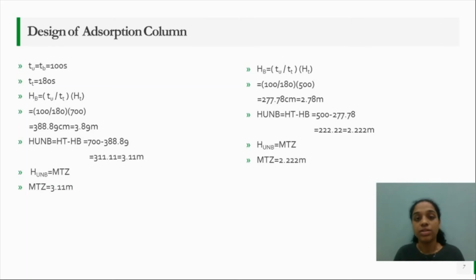Now to modify and obtain a more optimum design, we changed the total height to 500 centimeters, which changed the bed height to 2.78 meters or 277.78 centimeters. This also changed the unused bed to 2.222 meters, thus proving that the MTZ is now 2.222, or its optimum MTZ value.